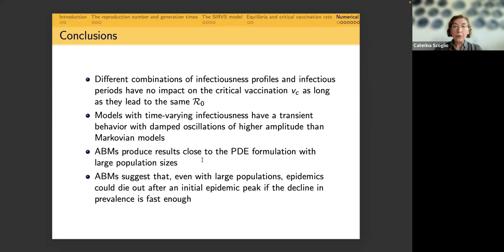Interestingly, the ABMs produce results close to the PDE formulation with large population size, using this approach of considering the mean generation time as an input and creating the infectiousness profile as a consequence, through the equation I showed at the beginning. And the ABM simulations suggest that even with a large population, epidemics could die out after an initial peak if the decline in prevalence is fast enough. That was the interesting thing.